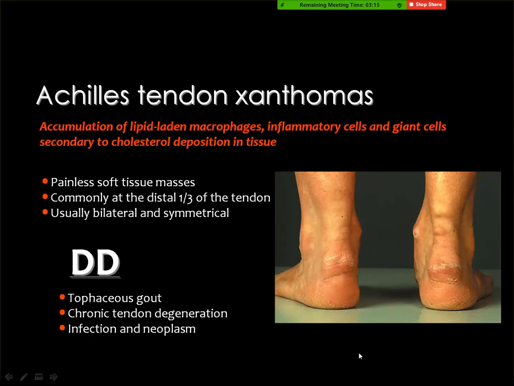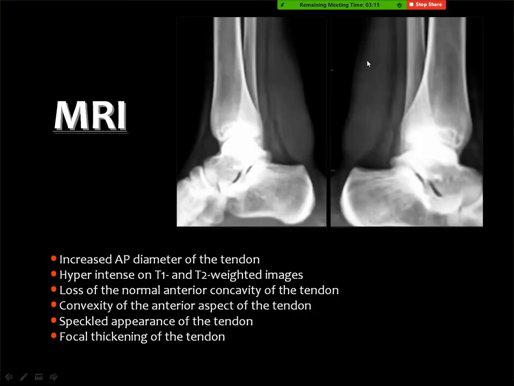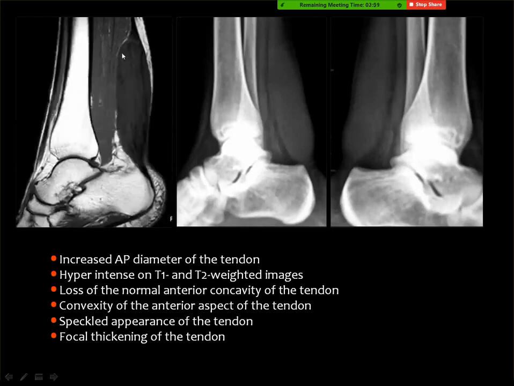This condition may be bilateral, as you can see in this case, and can also be unilateral. And the tendon is markedly expanded or enlarged with more or less dark or striated signal, as you can see here in this example.